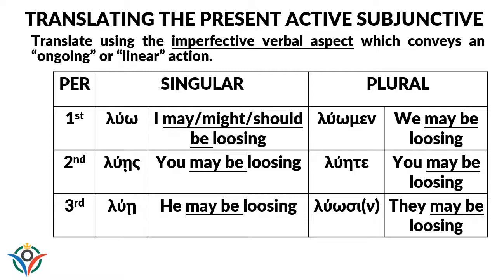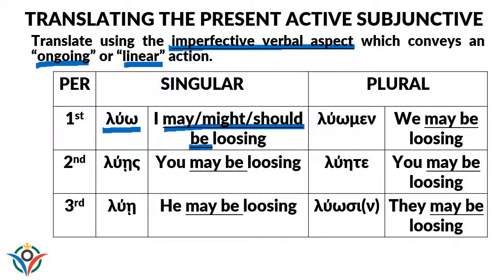Because we're still dealing with the imperfective verbal aspect, we're going to translate the present active subjunctive using the imperfective verbal aspect, which conveys an ongoing or linear action. So let's look at the singular forms first. So we have the first person singular luo, which we're going to translate as I may, might, should be loosing.